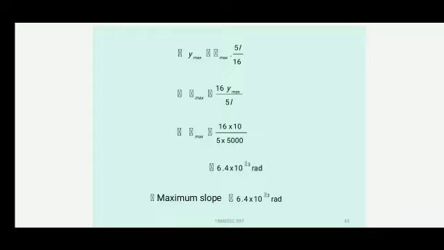Therefore, theta maximum is equal to 16 Y maximum by 5L, that is 16 into 10 by 5 into 5000, which is equal to 6.4 into 10 to the power of minus 3 radians. So the maximum slope is 6.4 into 10 to the power of minus 3 radians.